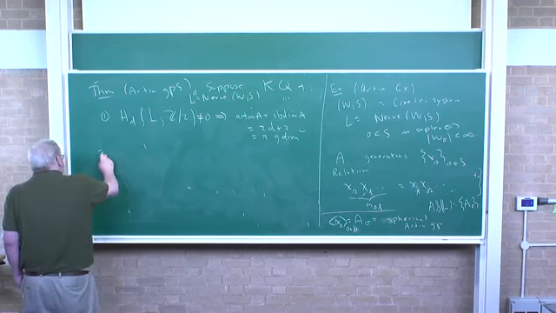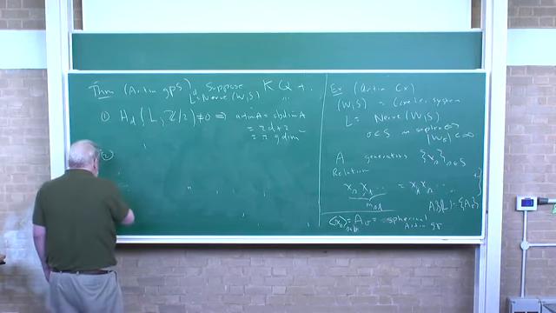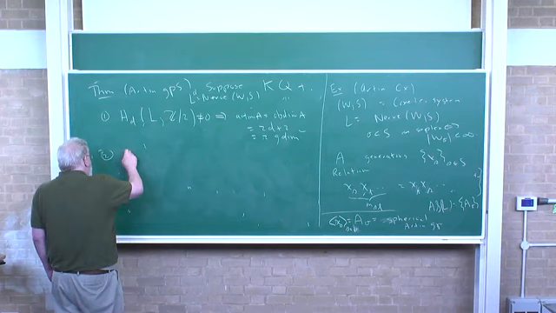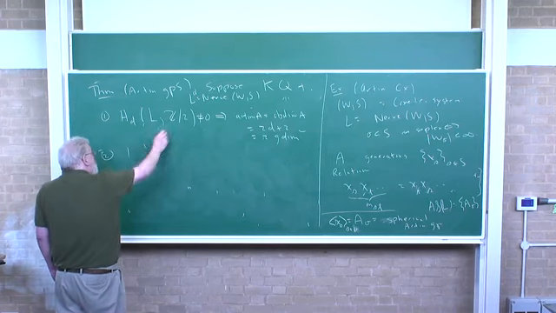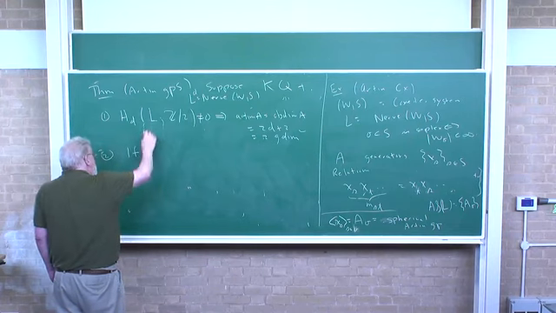And the second thing, it depends which version I'm talking about, but the second thing is what happens when this is 0. In fact, we have a slight strengthening of this.